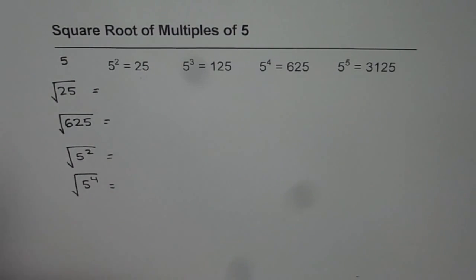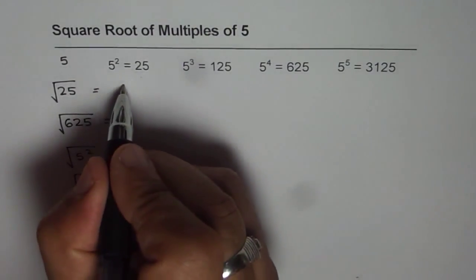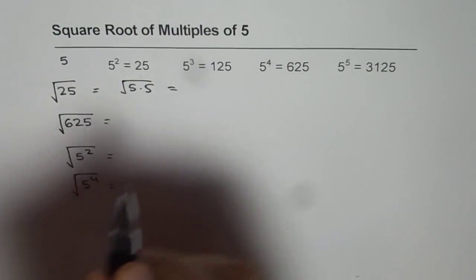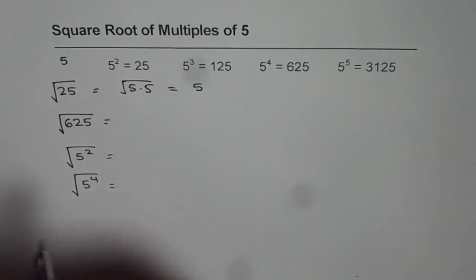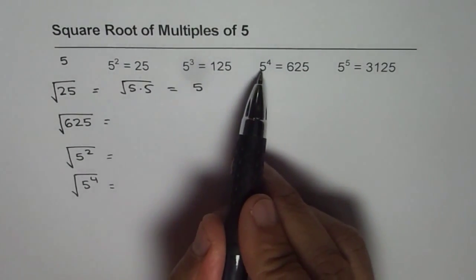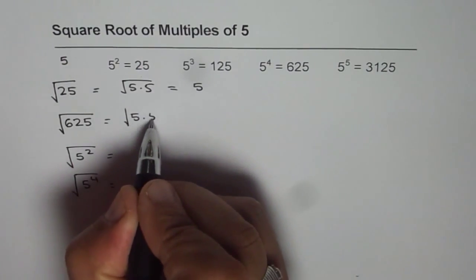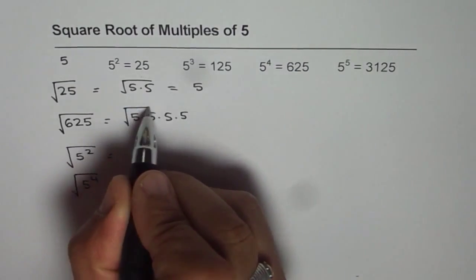Well, the square root of 25 is the square root of 5 squared. I can write this as 5 times 5, and the square root will be 5. In the case of 625, we know 625 is 5 to the power of 4. That means I can multiply 5 four times. This gives me 625, correct?